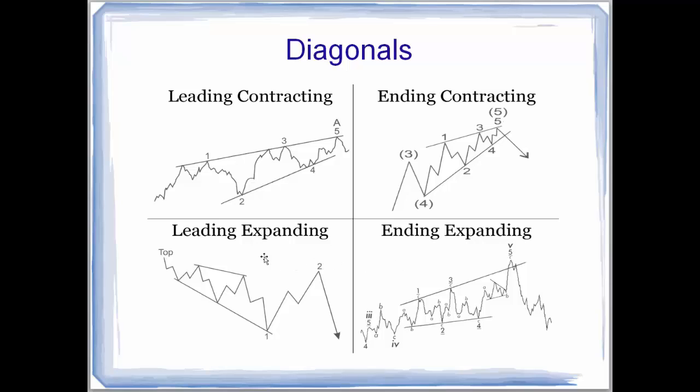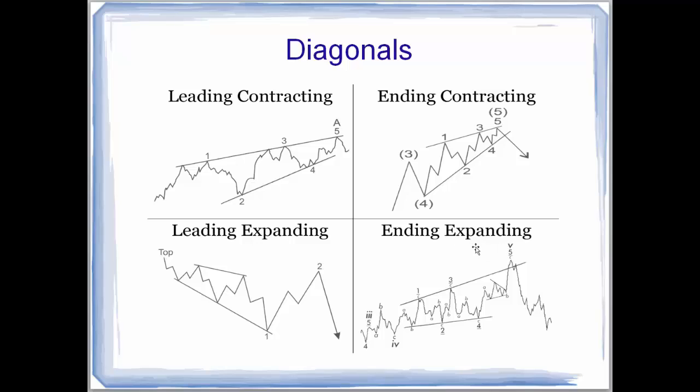Also, there's something called an expanding diagonal. These are more rare than contracting diagonals, but they do occur, and a leading variety would also be in a wave 1 or A position, and an ending expanding diagonal would either be in a wave 5 or wave C position.